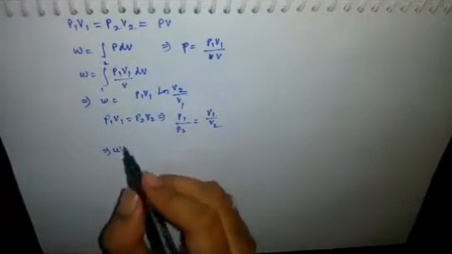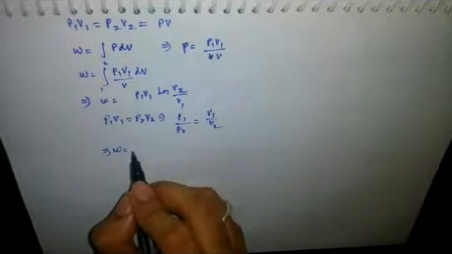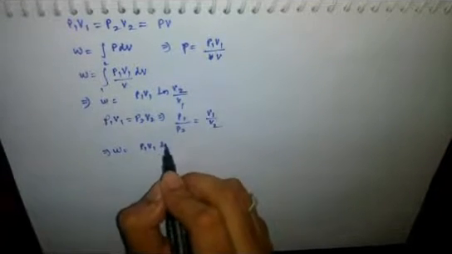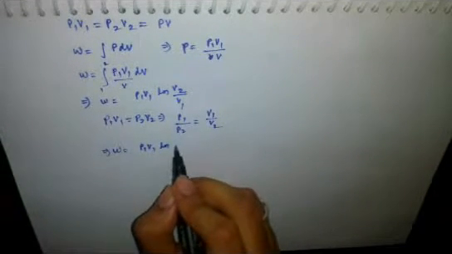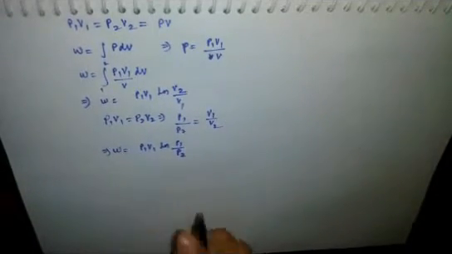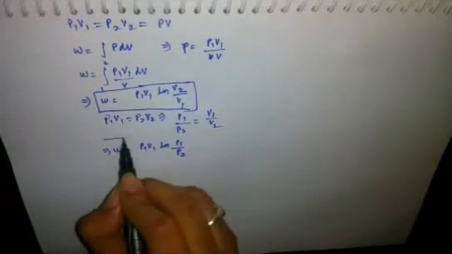So by this, the first equation becomes W is equal to P1 V1 ln (P1 by P2). This is the second equation, and the earlier one is the first equation.